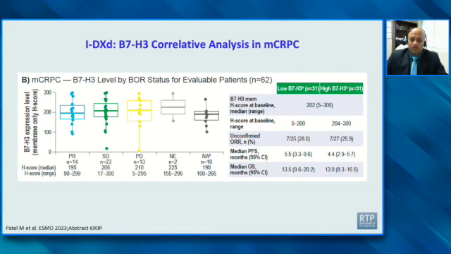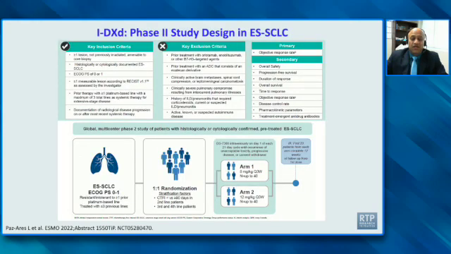In this group, although it's still small numbers relatively, right, 62 samples, 62 patients, once again, high B7H3 expression did not correlate with higher PFS, higher overall survival, or higher overall response rate. So interesting. This will obviously have to be followed, and other groups are following this with their compounds as well. So more is to be learned.